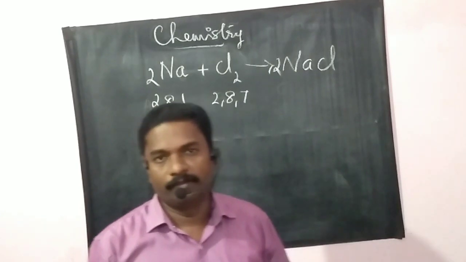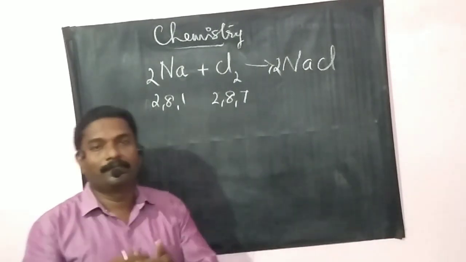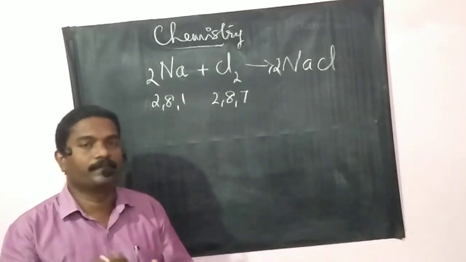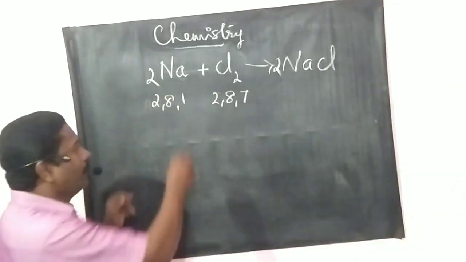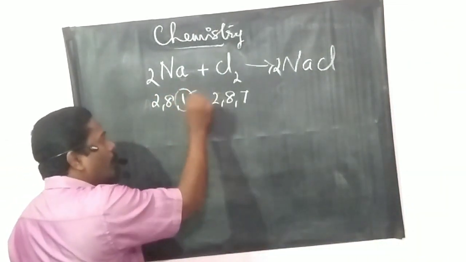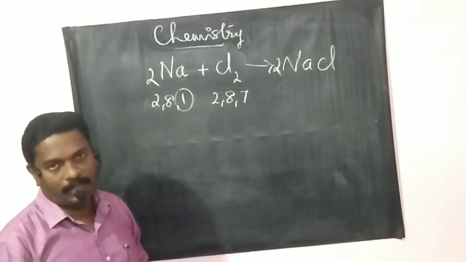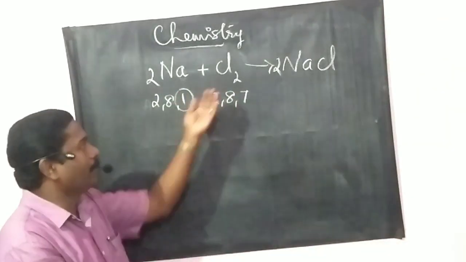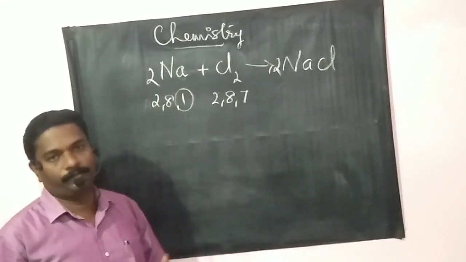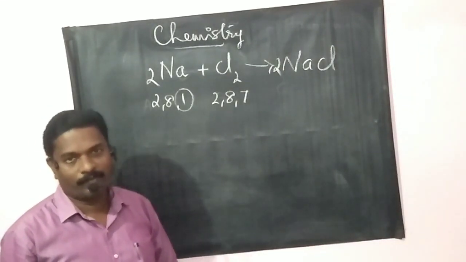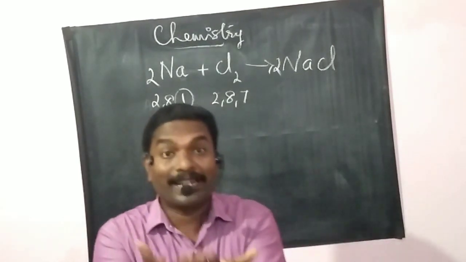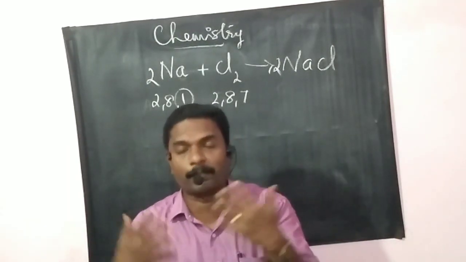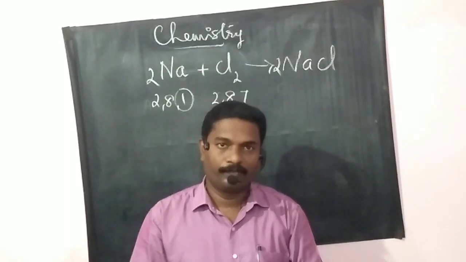So, listen, what happens during their reactions? Sodium will lose the single electron to chlorine, and that electron is gained by chlorine. So here the losing or gaining of electron takes place.